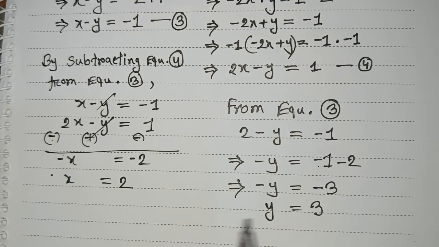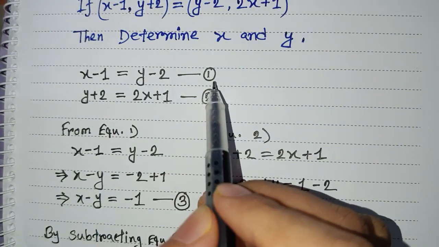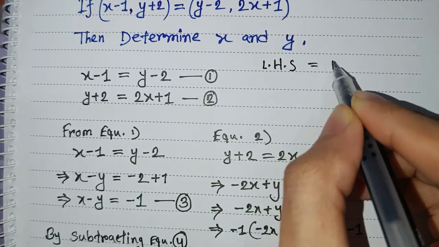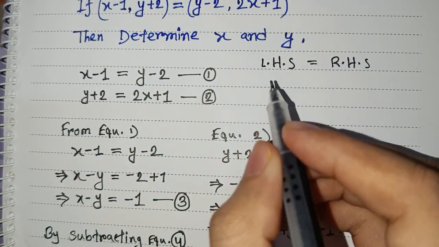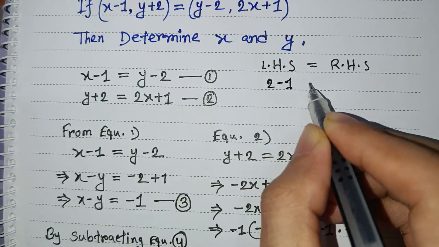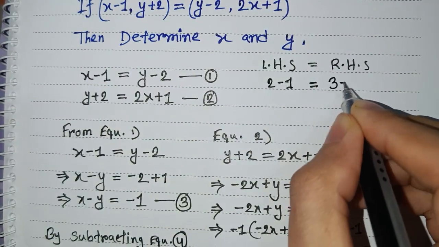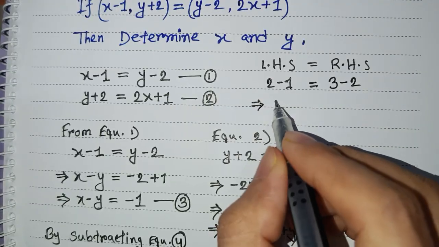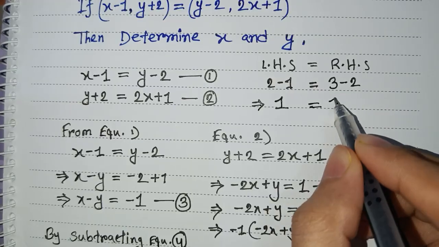Now let's verify the values of x and y, whether they are valid or not. Using equation number 1, left hand side equals right hand side. We get the value of x is 2. Substituting, 2 minus 1 equals, as the value of y is 3, 3 minus 2. 2 minus 1 equals 1, and 3 minus 2 equals 1.